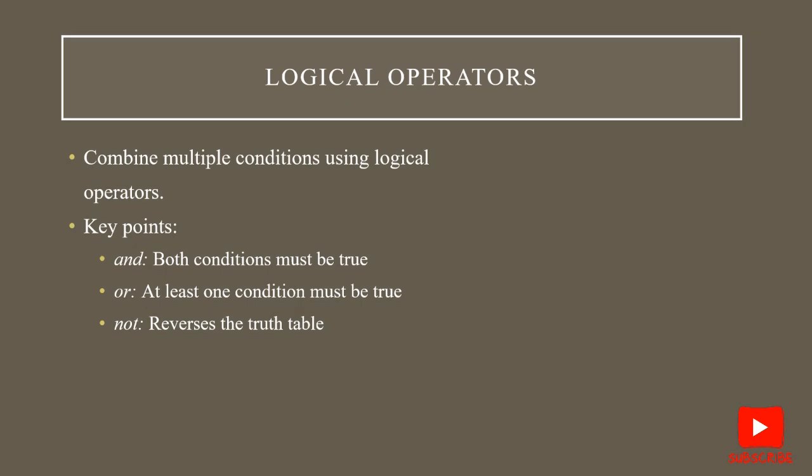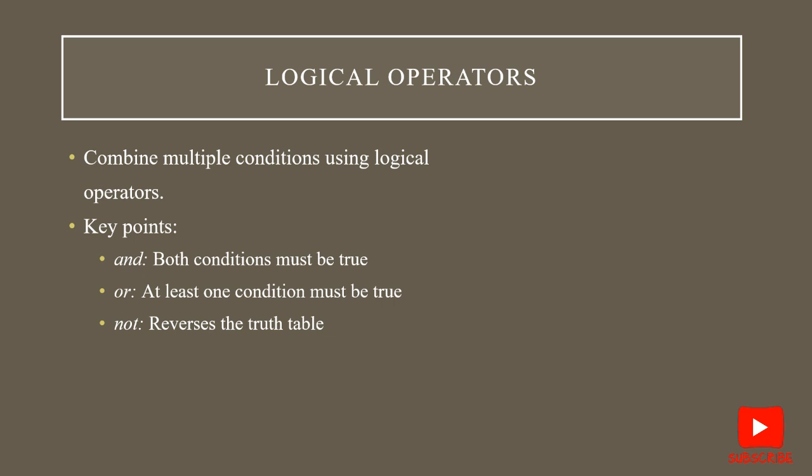Next, let's talk about using logical operators with conditionals. These operators and, or, and not allow you to combine multiple conditions into a single if statement. Let's break them down one by one. Both conditions must be true for the whole expression to be true. This is for logical and. Only one of the conditions needs to be true for logical or.